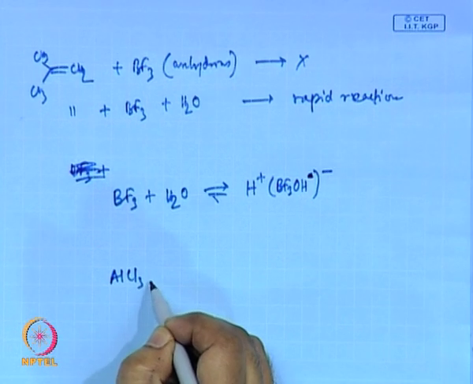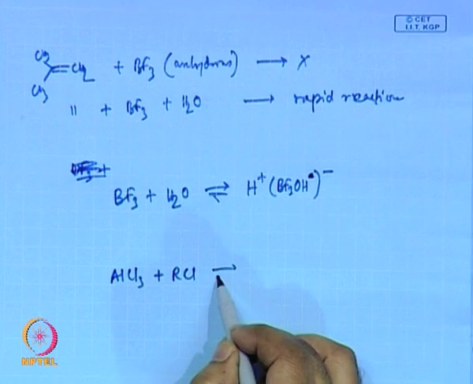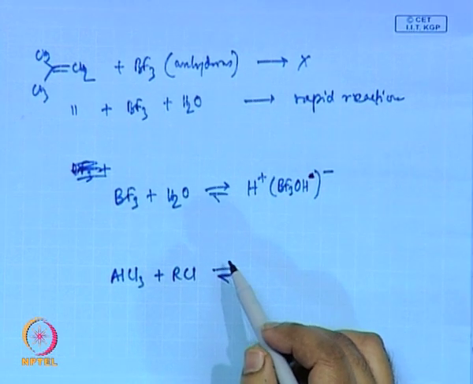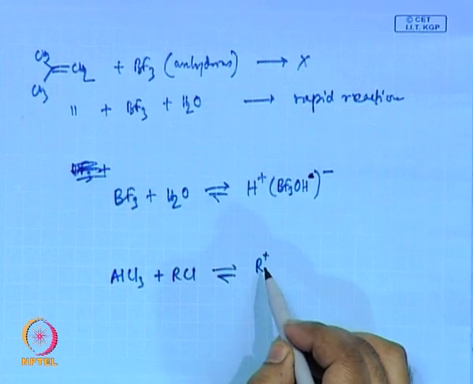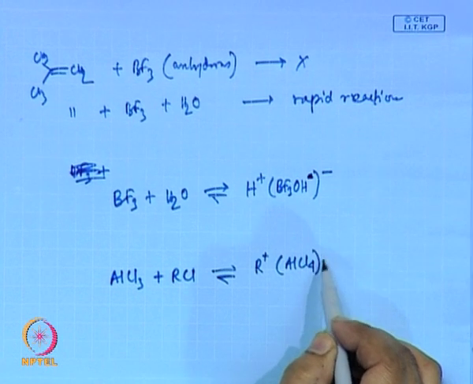Or we can use the other Lewis acids and use alkyl halides as a co-catalyst, and in this case the complex formed is like this.